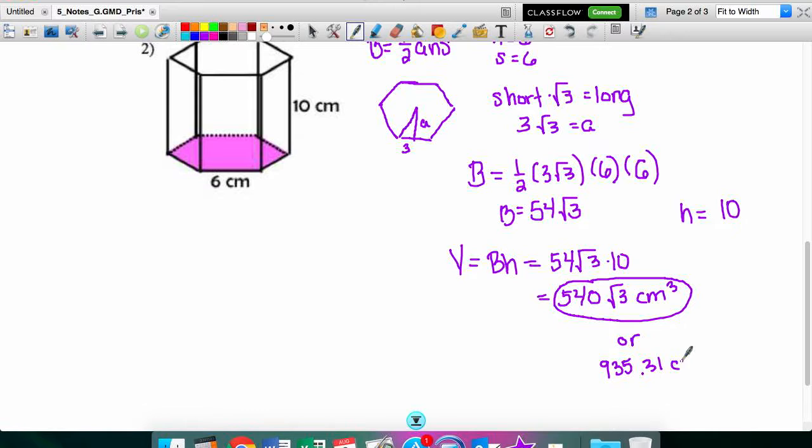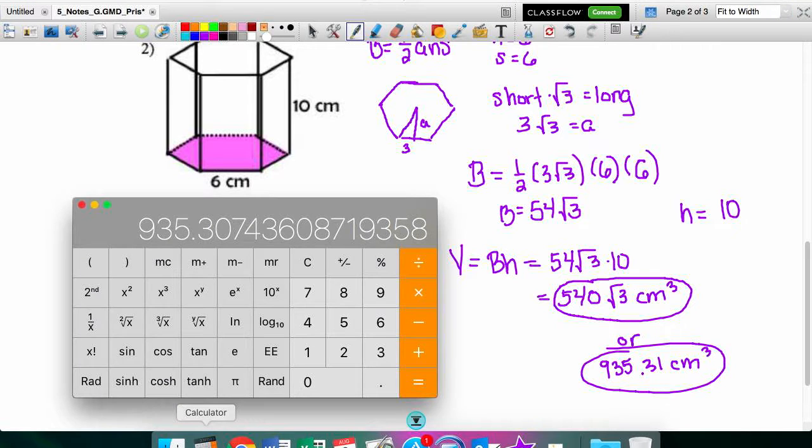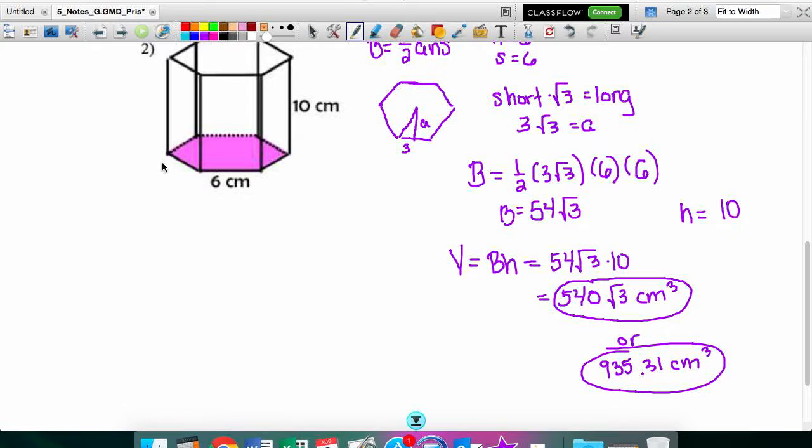And that would be centimeters cubed. Just make sure I copy that down again, 935.31, yes, awesome. Okay, and there's your volume of a prism.